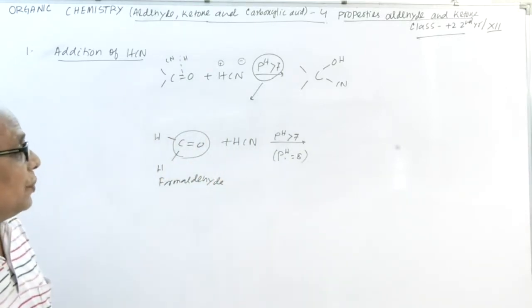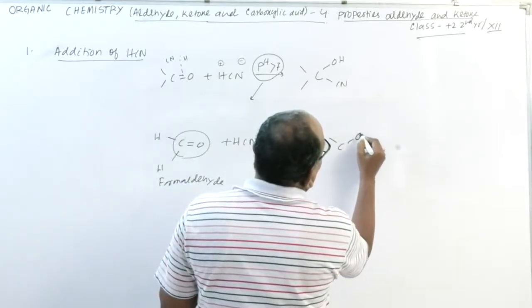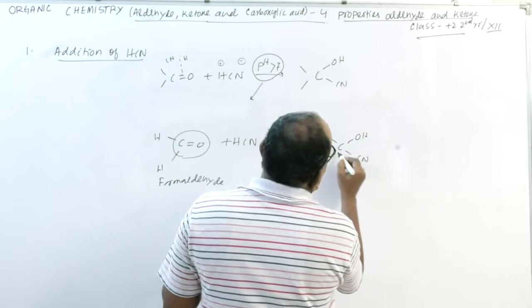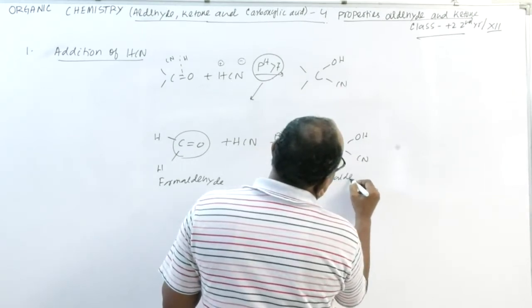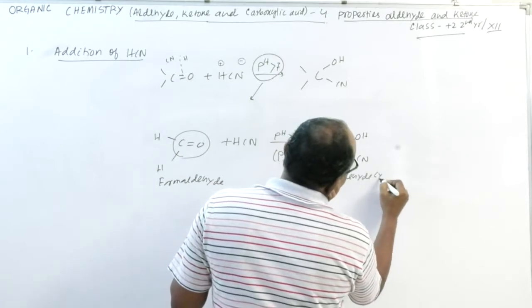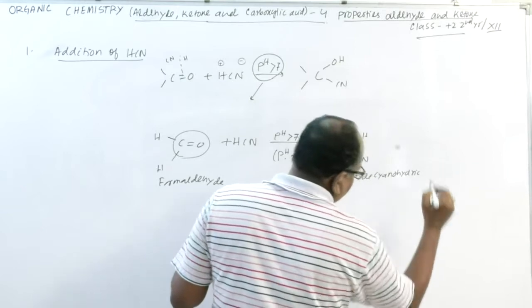This is added here, it forms HCOH CN, that is, formaldehyde cyanohydrin.